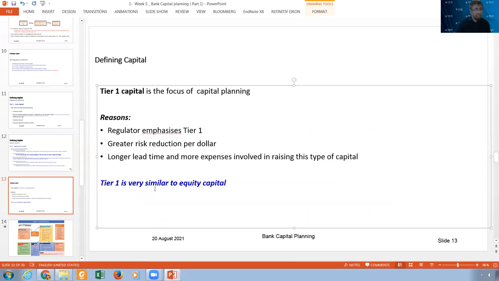And actually, it looks like equity capital, as I explained to you. Regulators' concentration is also not only with tier 1 capital, but with tier 1 and the equity capital.